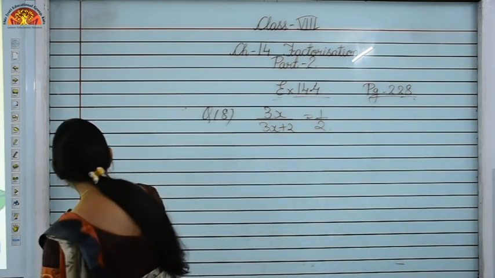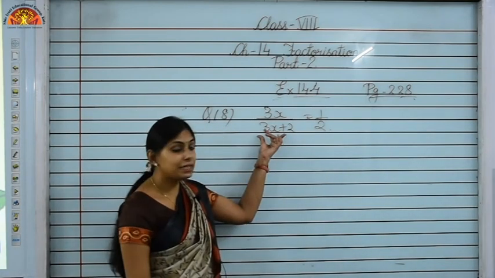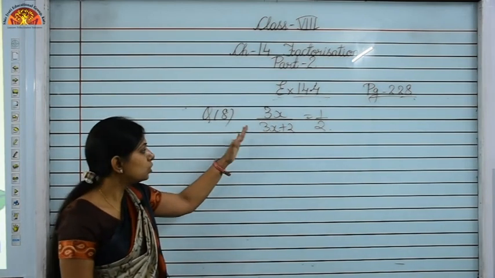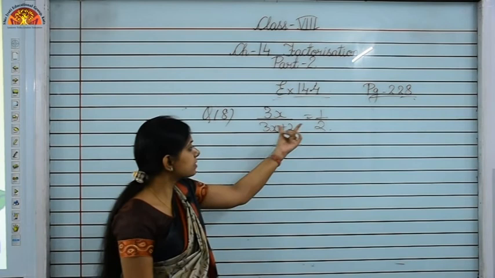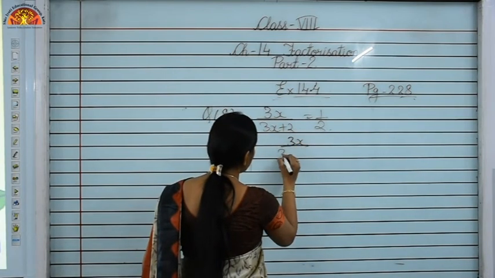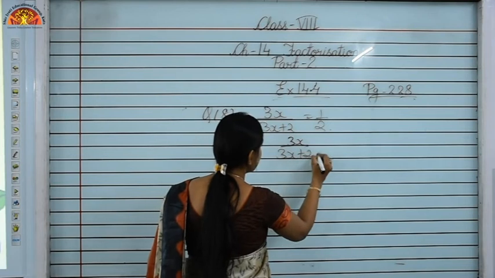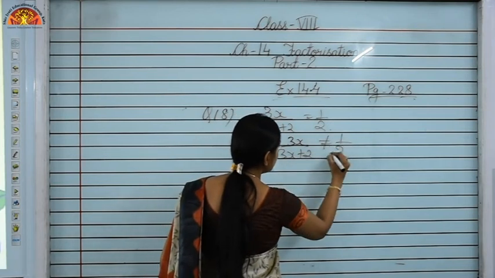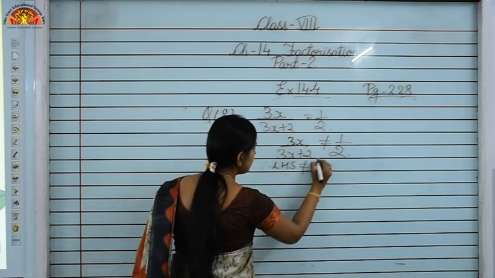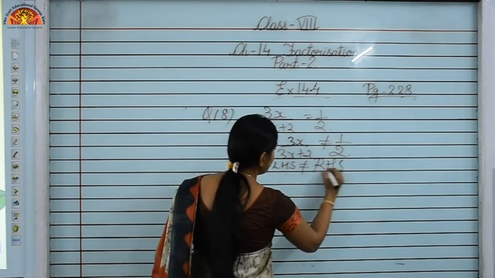So you can see children, the expression in the left hand side, that is 3x upon 3x plus 2, you can see clearly that it is not equal to half. So you can write that 3x upon 3x plus 2 is not equal to 1 upon 2. Therefore, left hand side is not equal to right hand side.